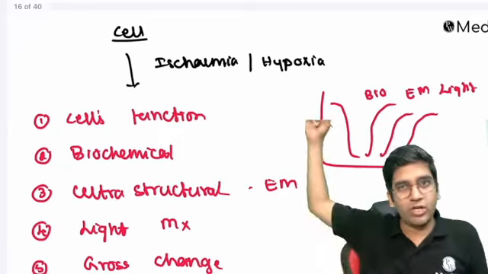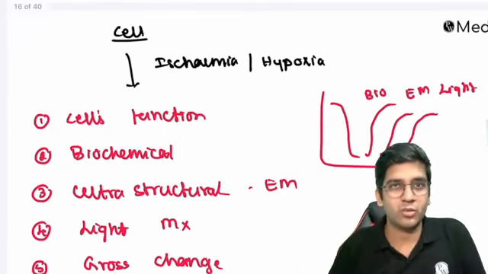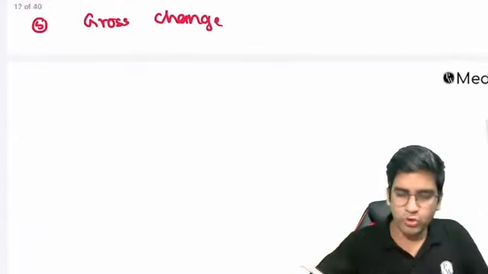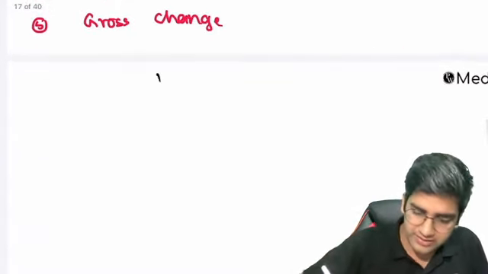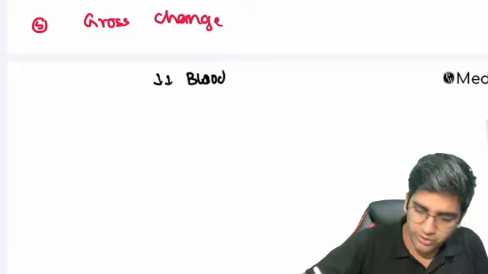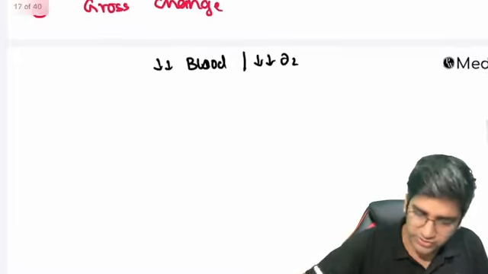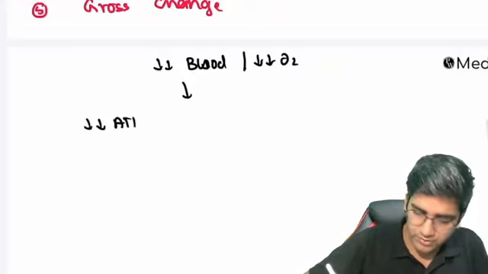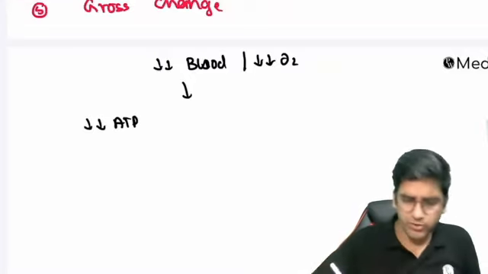Now let's see what will happen when ATP is lost. What will happen when your ischemia is there, right? Simple things. Again, I'm going to say the same thing. My cell has less blood supply or less oxygen. Because of this, you guys only said that there'll be no ATP, or let's say less ATP. It will not stop completely, it will be reduced for sure.